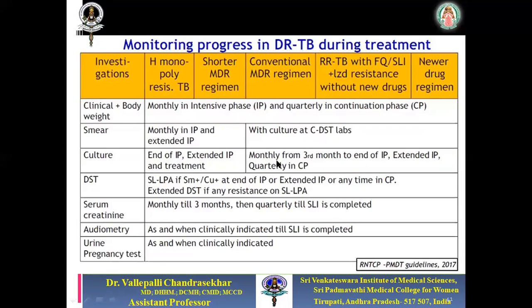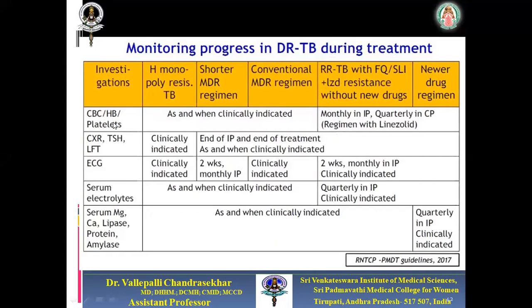Coming to the conventional regimen, we will order culture monthly from the third month to the end of the intensive phase, extended phase, and quarterly in the continuation phase. We will order the complete blood picture in the conventional or shorter regimens whenever clinically indicated. And these different investigations will be ordered according to the regimen we are giving to the patient.